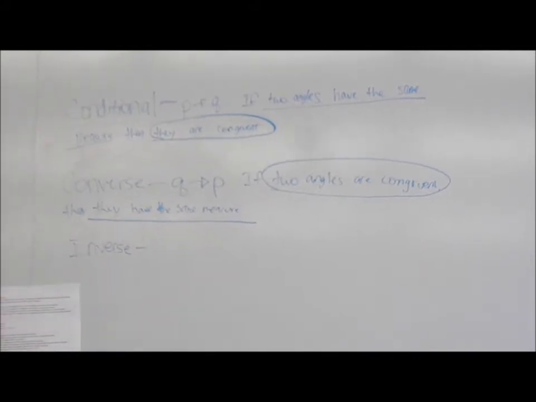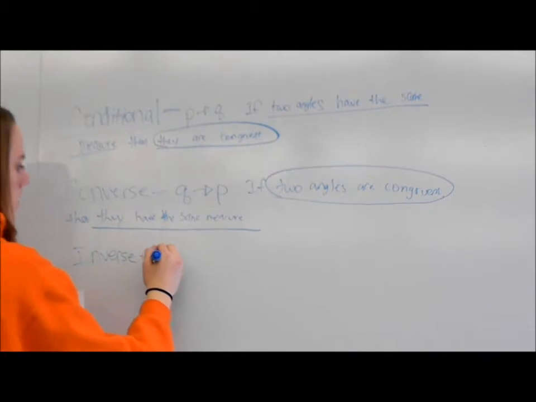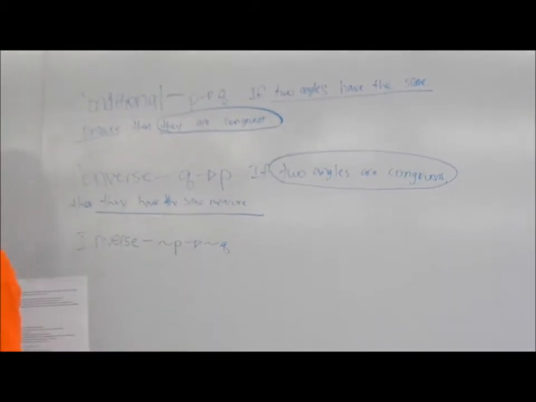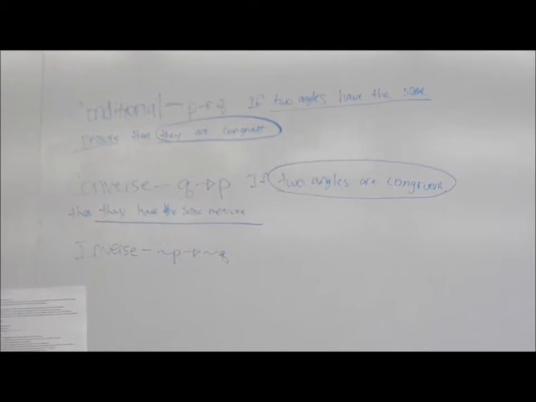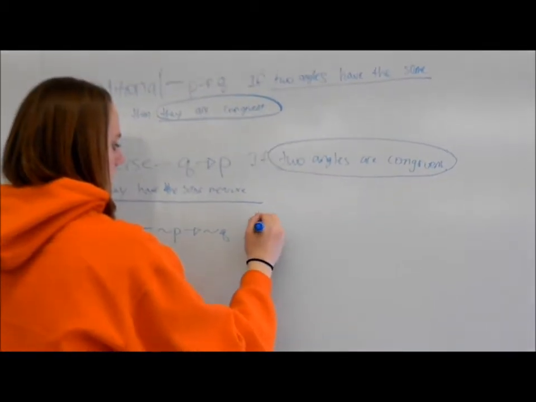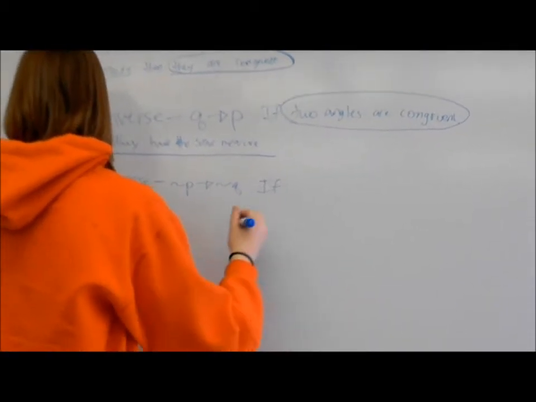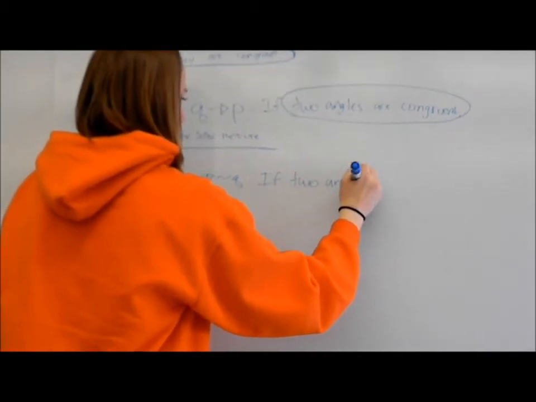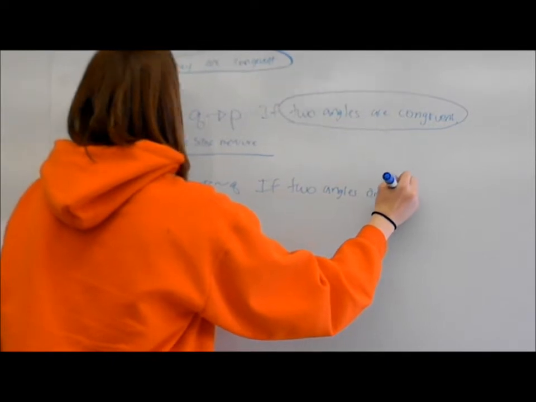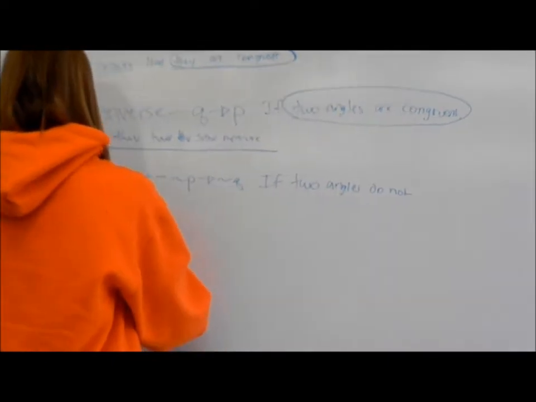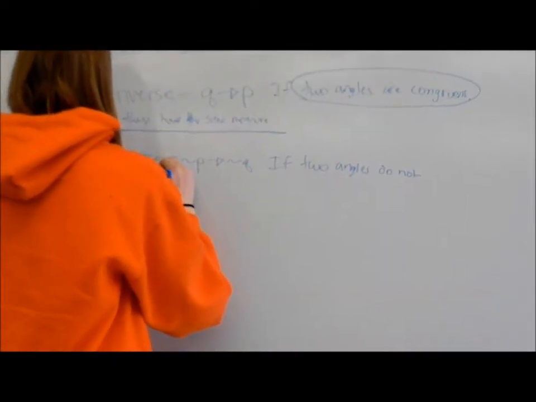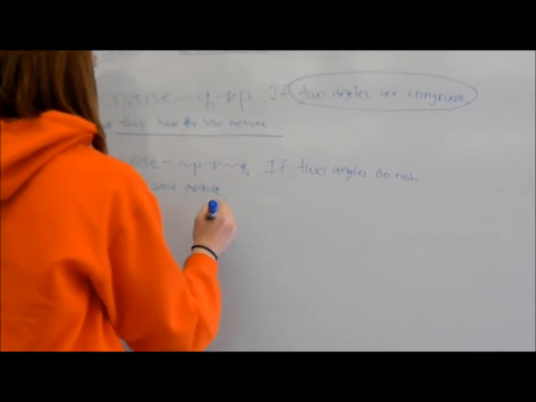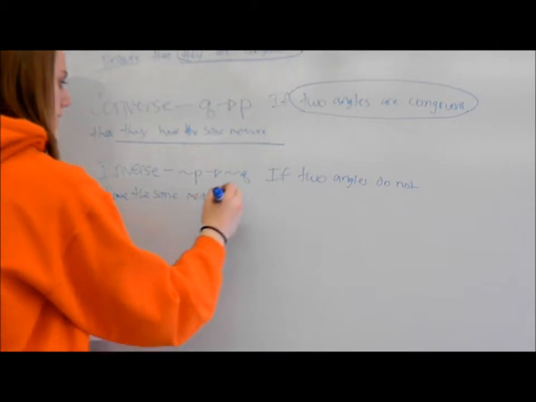And that goes not P, then not Q. An example of that would be if two angles do not have the same measure, then they are not congruent.